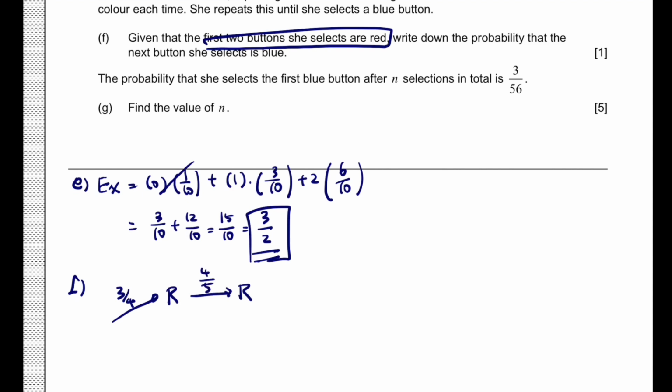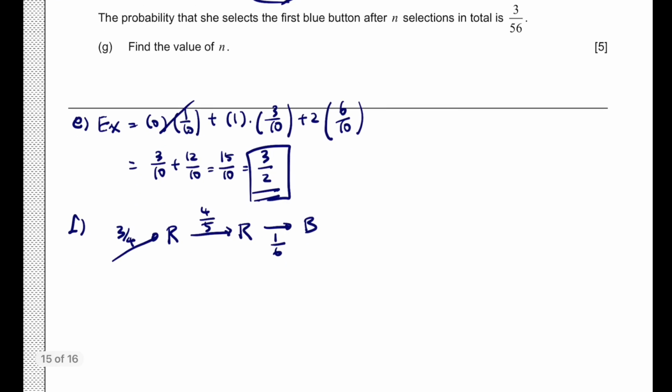And lastly, we are choosing blue. At this point, we now have a total of 6 buttons in the bag because we have replaced the second red button and added another one, but still there's only one blue button, right? So 1 over 6. So for question F, the probability of choosing one blue given that two red are chosen is 1 over 6.